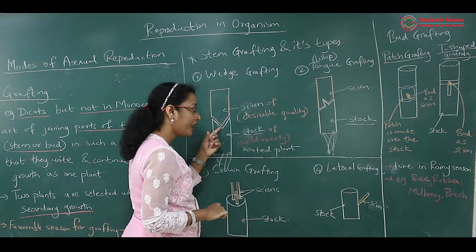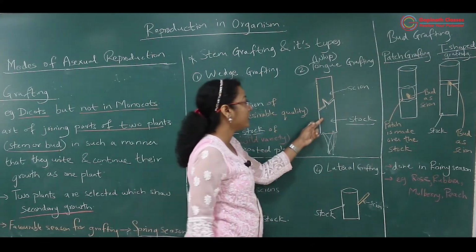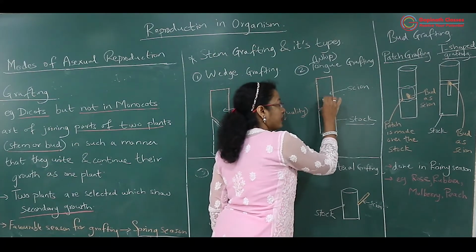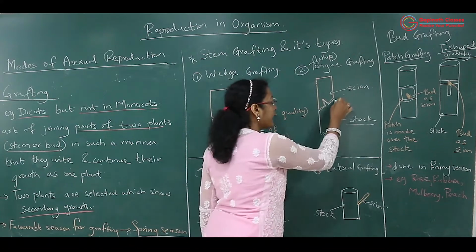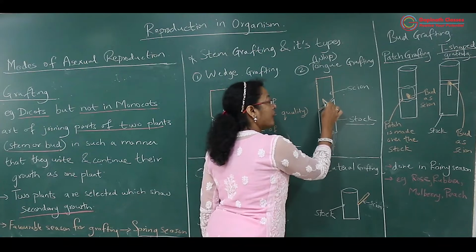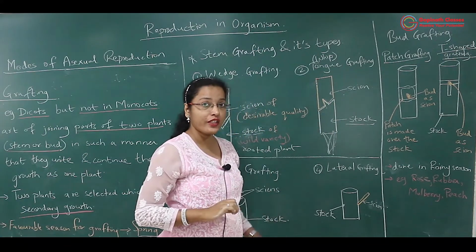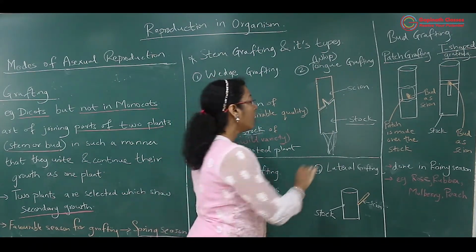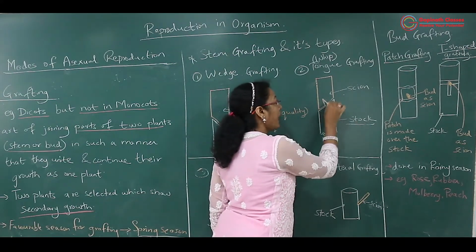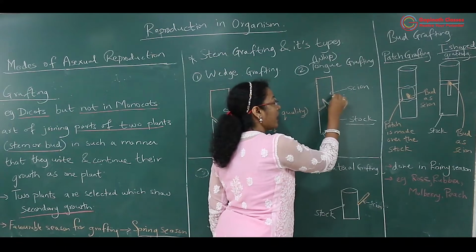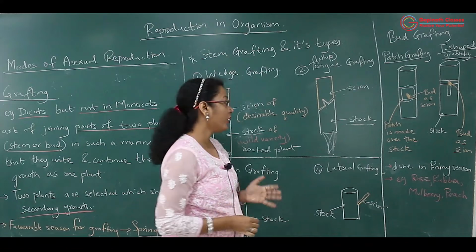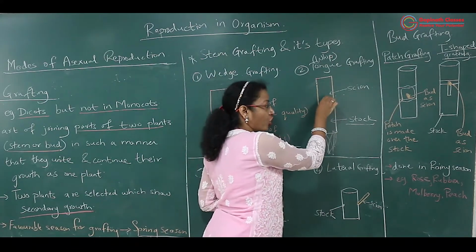Here a V-shaped cut is made to the stalk, and in this particular diagram a tongue-shaped structure is made and an oblique cut is given. So an oblique cut is given to the stalk and one tongue-like projection is protruding out from the scion. Okay, and the scion has an oblique cut and the shape of a tongue so that it will properly fit over the stalk.